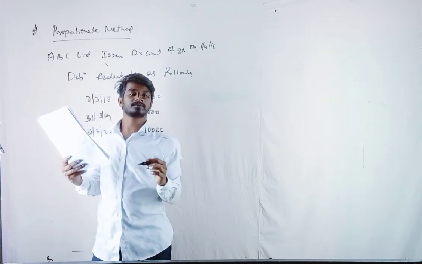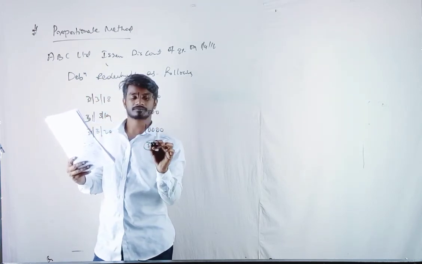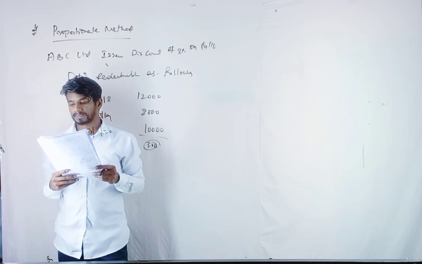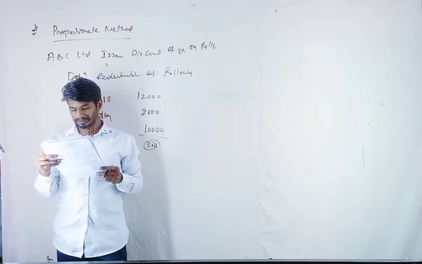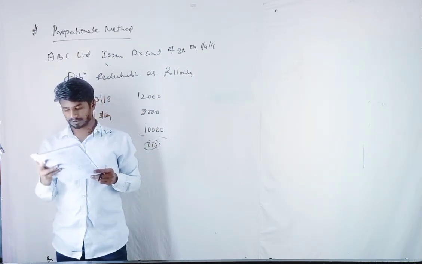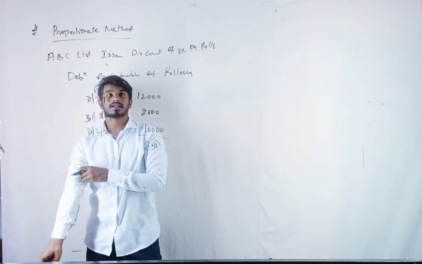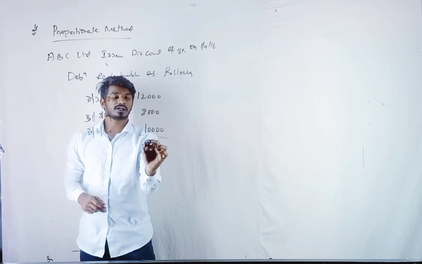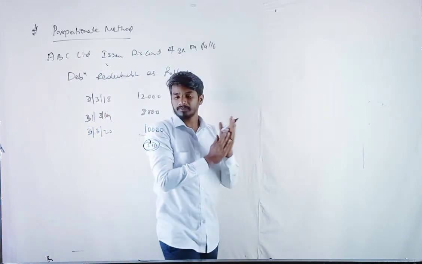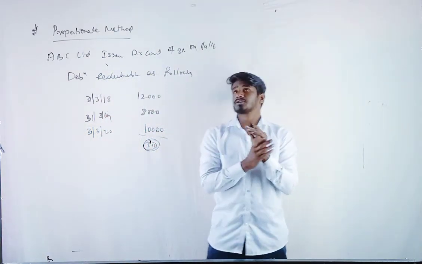Total how much it becomes? 30,000, right? Okay, is there any other information? Nothing. Okay, shall we calculate the ratio? Total they can redeem 30,000 debentures, right?